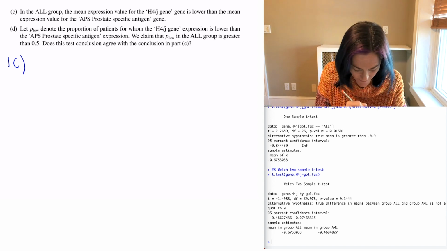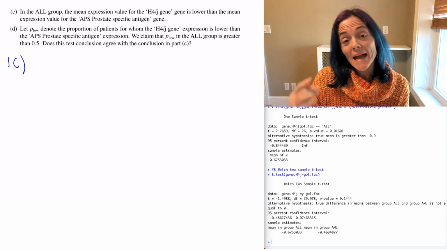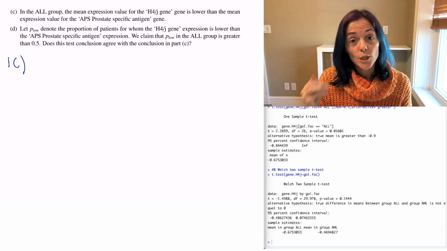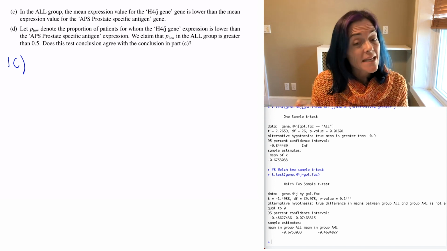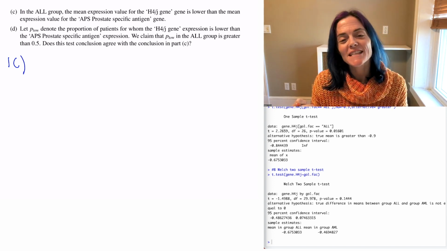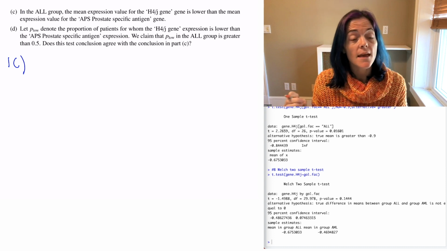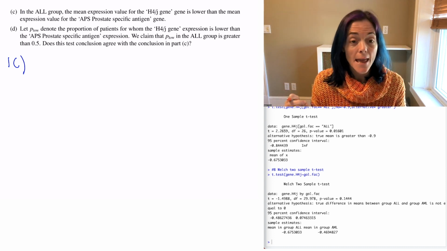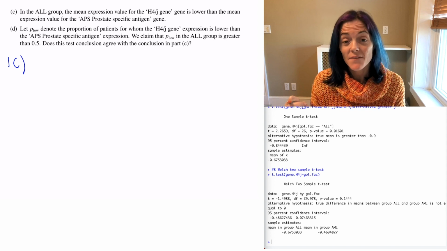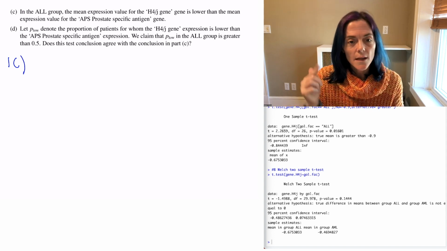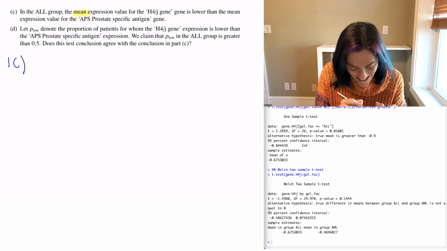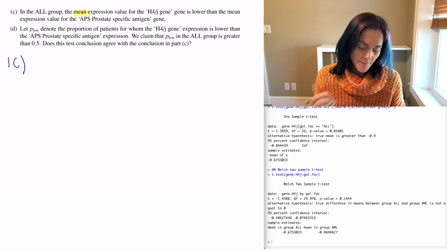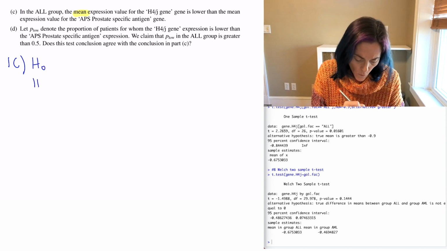One C. Here we're back to just the ALL leukemia patients. The mean expression value for the H4J gene is lower than the mean expression for the APS, prostate-specific antigen. Well, once again, it's about mean expression. So we can think about what is our null, what is our alternative.